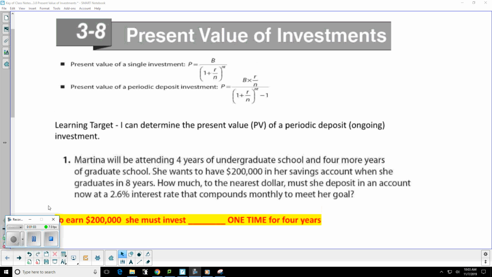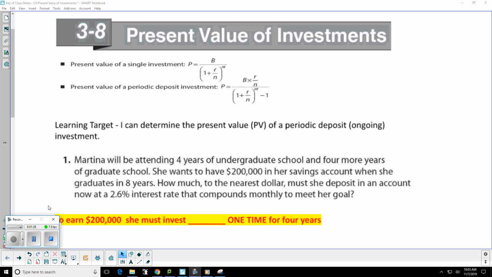So in 3.8, what we want to basically talk about is what if we have an investment that we want to have down the road in the future? How much do we need to be saving today in order to have what we want tomorrow? A lot of times you'll hear people talk about their retirement or what they're going to do after they stop working.